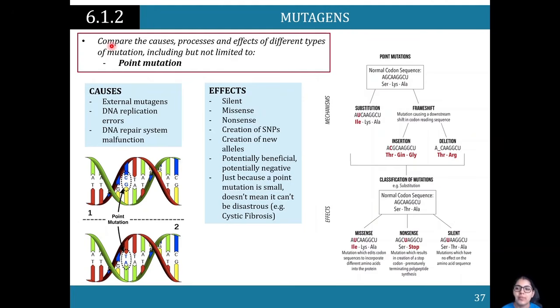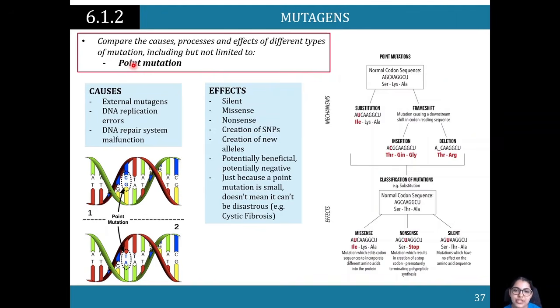So here we are. We're now going to compare the causes, processes, and effects of different types of mutations. We're first going to talk about point mutations. In terms of what causes them, they are caused by external mutagens, DNA replication errors, and DNA repair system malfunction.